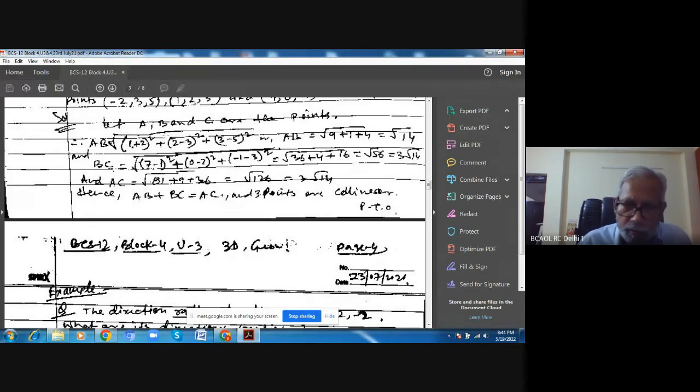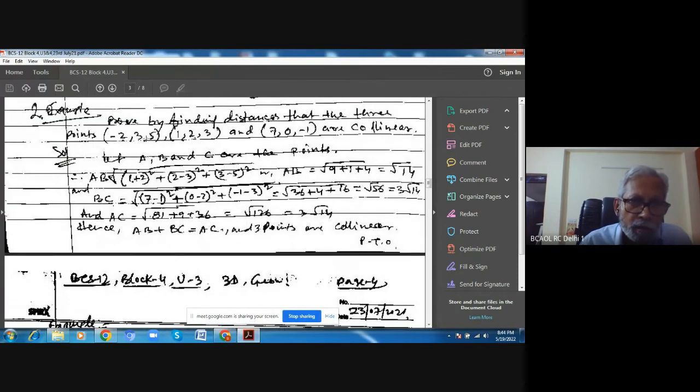Simply, you see here A, B, C are considered, and you take the value of AB and BC, then you can take the value of how much it is coming in AC. So AB, BC, and AC, there are 3 lines taking the points between these, and this is the distance formula, and see the values.